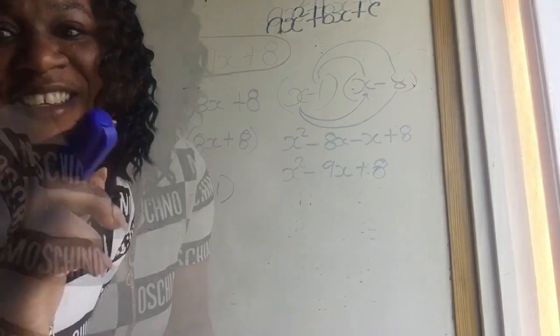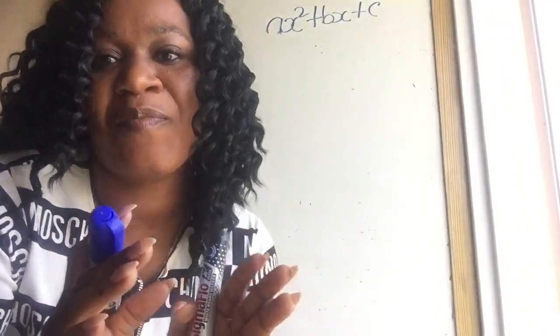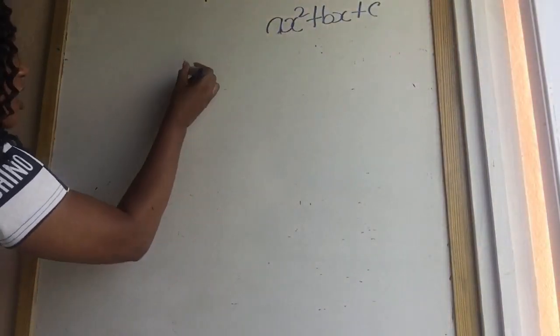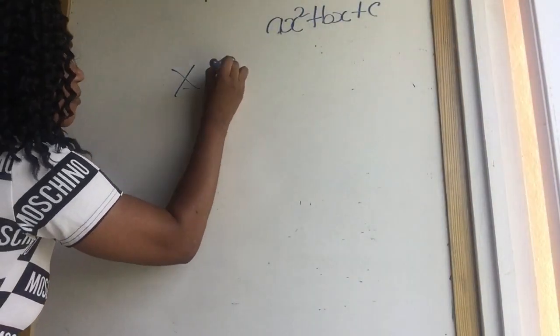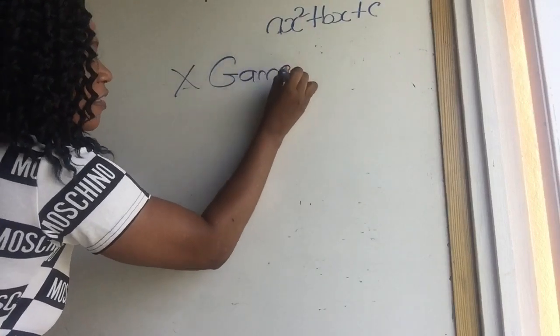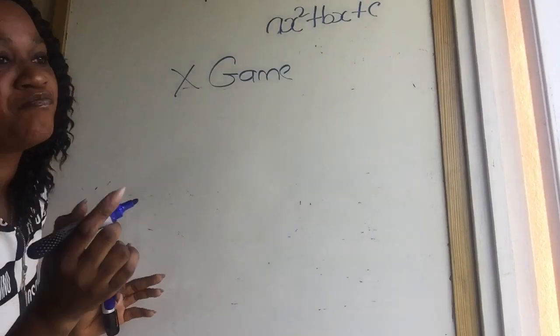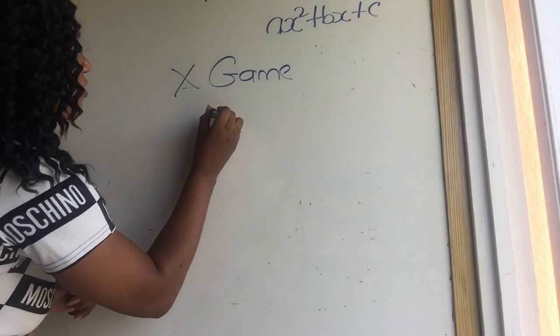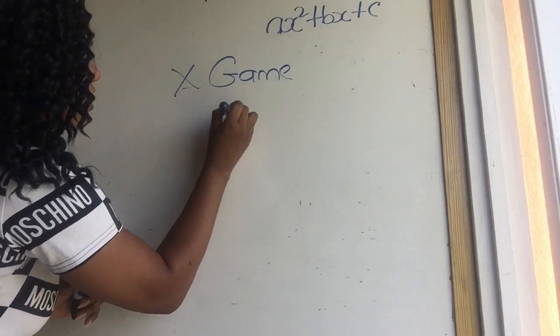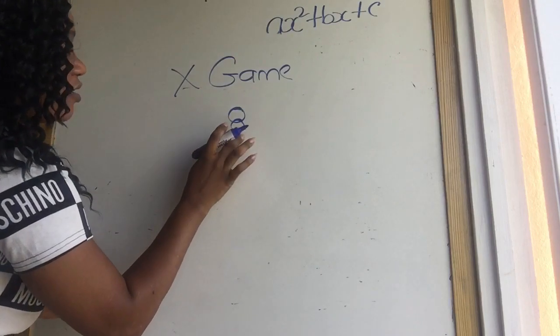Boom. Alright guys, I try this little X game before I start anything. I try this X game with my students, and we'll call it the X game. Say I have 8.